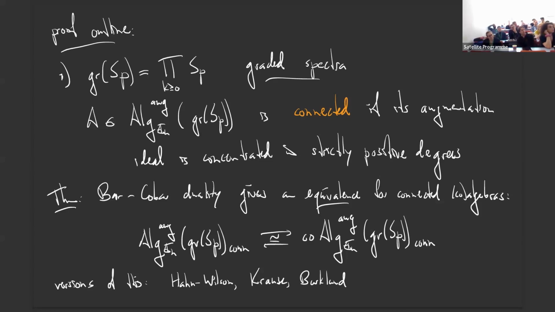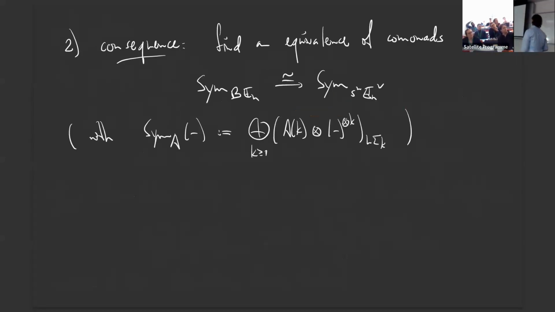Okay, so you can read this result as saying that these two different comonads, having to do with the cooperad En and the bar construction of En acting on graded spectra, are actually the same comonad. Well, that's what I've written over here. So this is the cofree coalgebra comonad for En dual, and this is the cofree coalgebra comonad for the bar construction of En acting on this category of graded connected spectra.